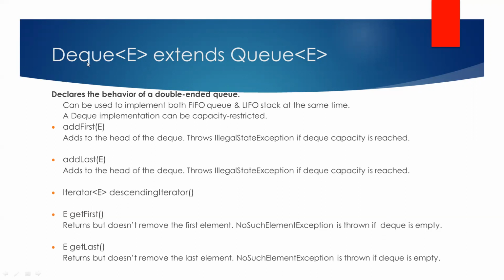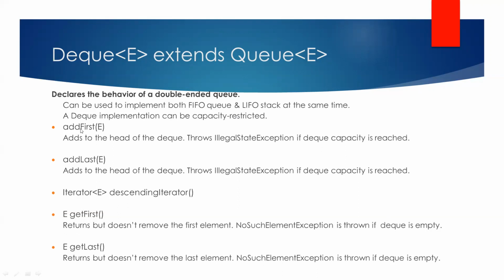So we can implement FIFO and LIFO. A deque implementation can be capacity restricted. You can define the capacity so that it contains only this number of elements. It also gives you some additional methods that you can use.